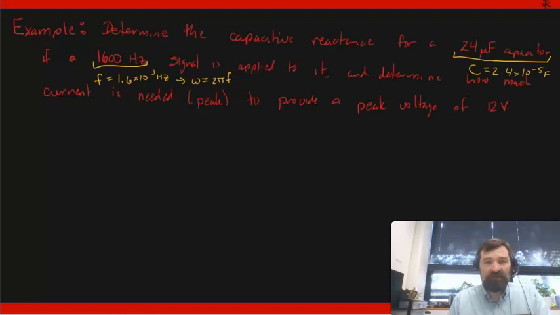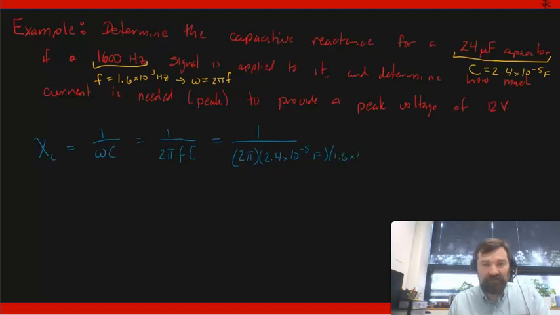So for this first part, where we're trying to figure out what the capacitive reactance is, this should be 1 over omega times C. This is also 1 over 2 pi times f times C. So if we plug in the numbers we've been given, we have 1 over 2 pi times 2.4 times 10 to the negative 5 farads times 1.6 times 10 to the 3 hertz.